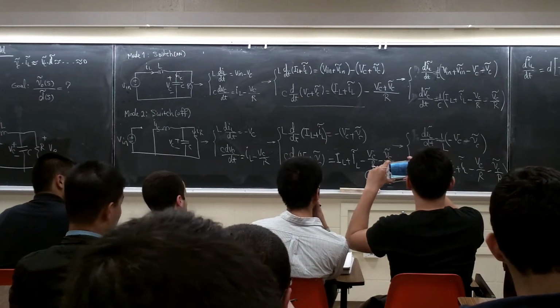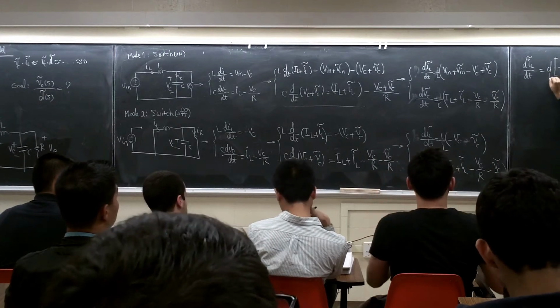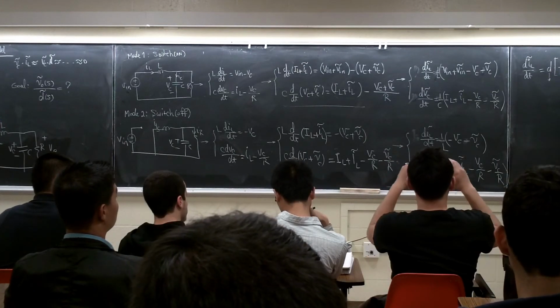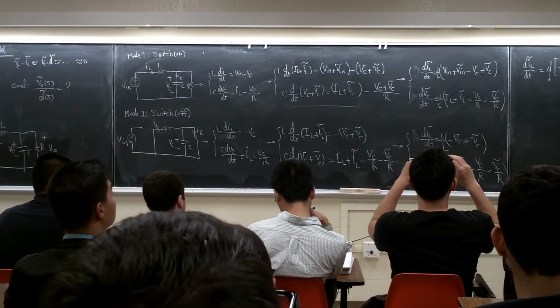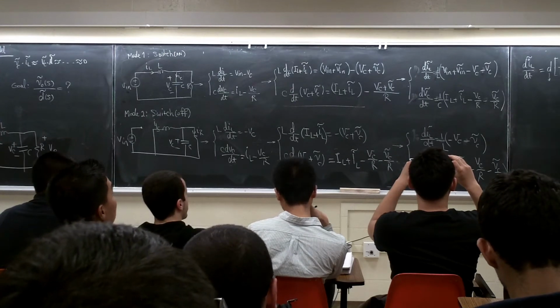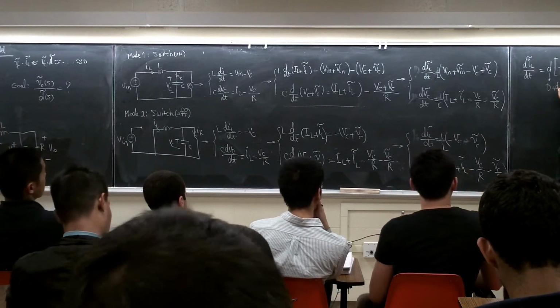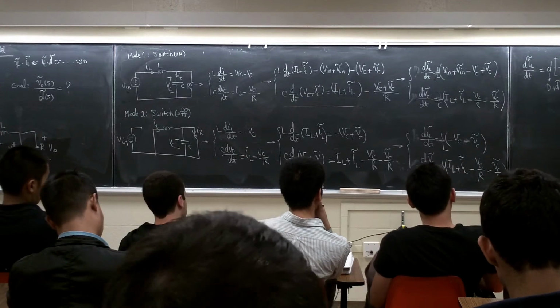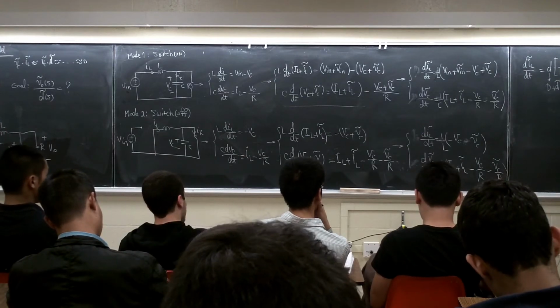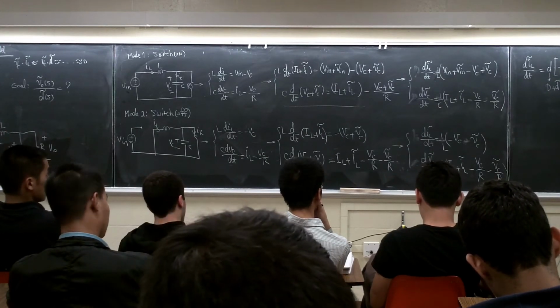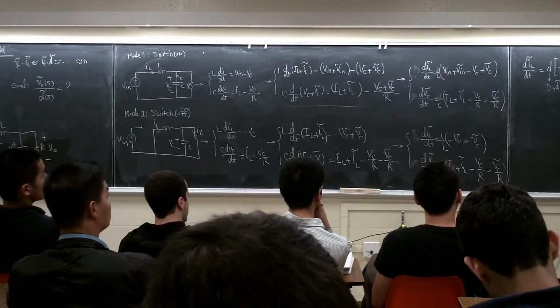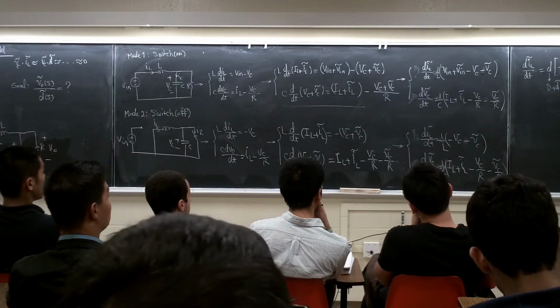So what is this d? D plus d tilde, right? D capital is a DC value. I'm going to replace d with that value and multiply it out, and let's write all the terms.